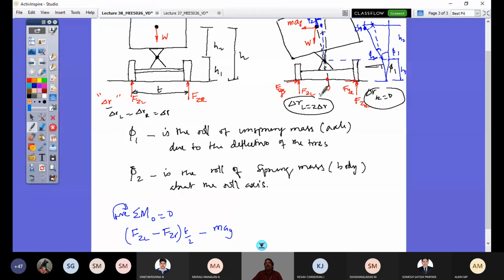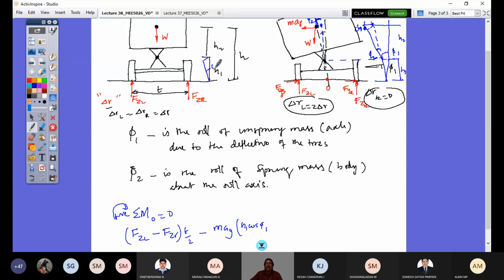So MAY, minus sign, because about this point it would create a counterclockwise moment. I follow the convention clockwise positive. So MAY into what is my moment arm, this height. It's not h1 plus h2 I will write. This height is h1 cos phi 1, because this is rotated. When this is rotated, the h1 height is reduced.